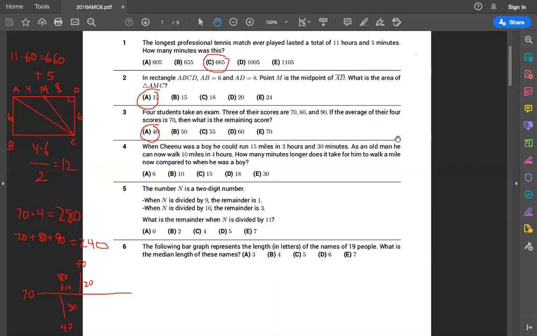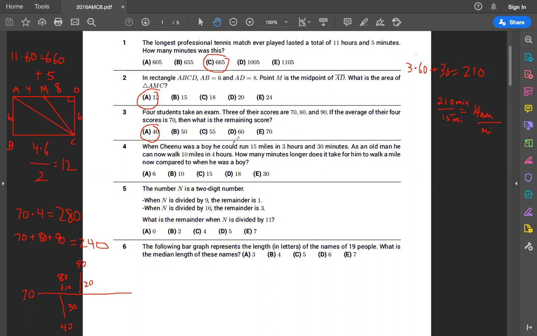First we want to convert to minutes. 3 hours and 30 minutes: we'll do 3 times 60 for the 3 hours, and then add the 30 minutes, and that's 210 minutes. If we do 210 minutes divided by 15 miles, that's 14 minutes per mile. Odd units here: 210 minutes over 15 miles.